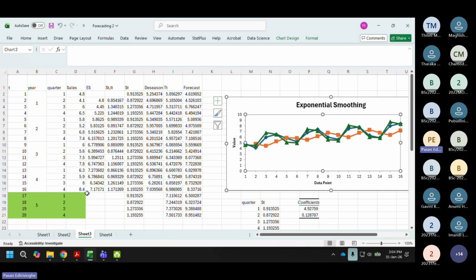After the break, I will introduce you to the R software, and then we can move on to the next topic.